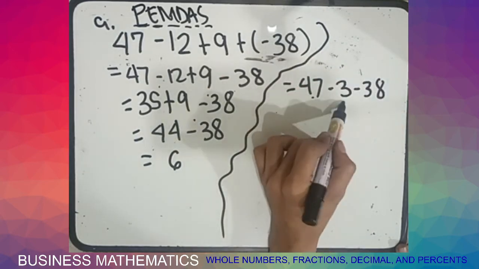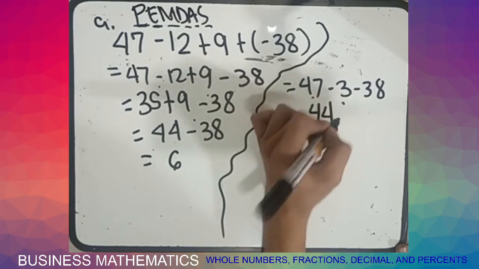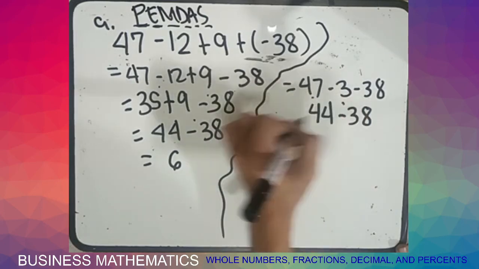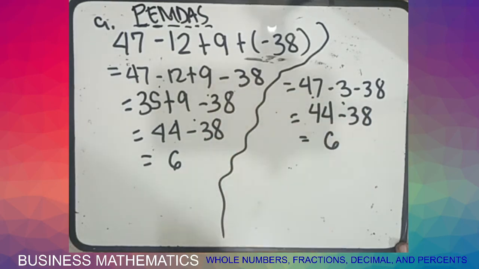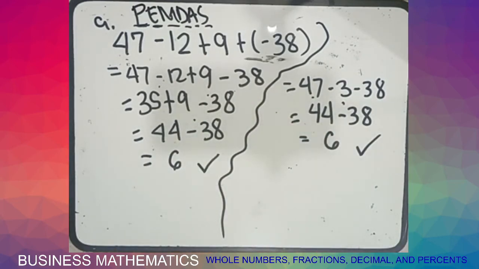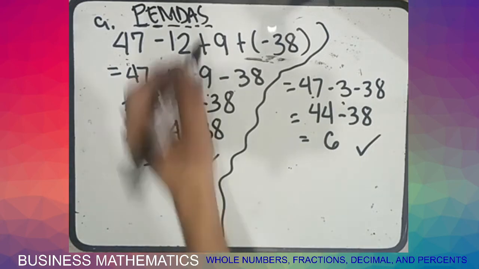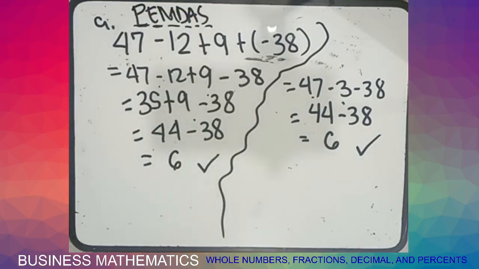So, 47 minus 3 is 44, minus 38 is equals to 6. Parehas lang silang dalawa ng sagot. Ibig sabihin, kahit magkabaliktad si addition and subtraction, pwede mong unahin kung ano yung nasa unahan niya. Basta, ang pinag-uusapan natin ay addition and subtraction lang.